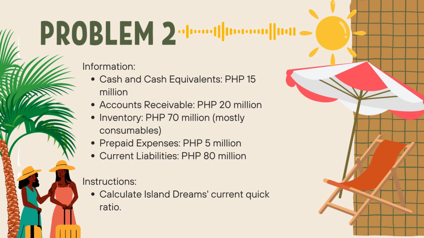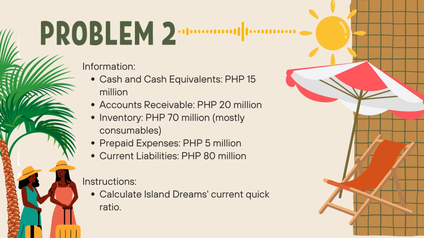So here is the information. We have cash and cash equivalents of 15 million pesos, accounts receivable of 20 million pesos, inventory of 70 million pesos, mostly consumables, and prepaid expenses of 5 million pesos, and then lastly, current liabilities of 80 million pesos.